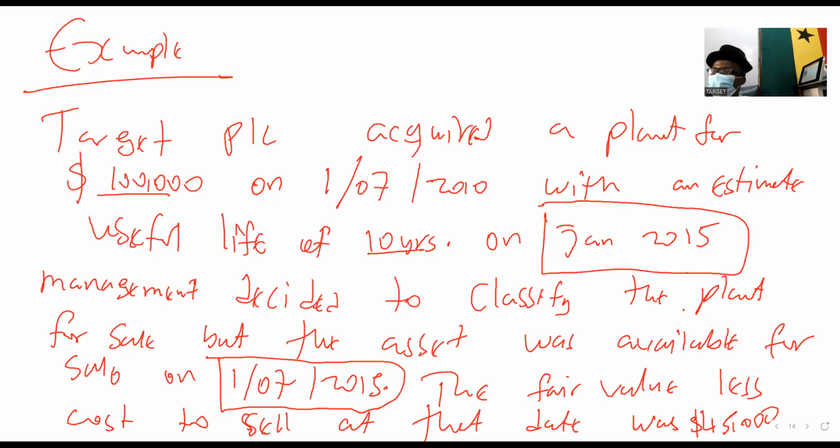So here we are talking about when the asset is available for its immediate sale. And this asset is available for its immediate sale on the first day of July 2015. So it means that we have to depreciate the asset right from the beginning up to this date. Take notice, up to this date. So let's go.